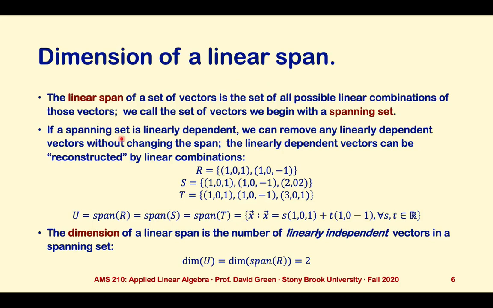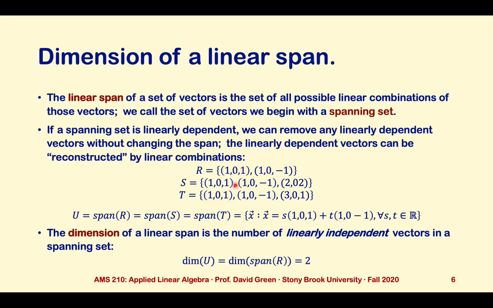If a spanning set is linearly dependent, that is, some of the vectors in that set are linear combinations of others, we can remove any of those linearly dependent vectors without changing the span. Why is this? Well, because when we define a vector space as the set of all possible linear combinations, any of the linearly dependent vectors in that set will be reconstructed in that process of defining the vector space.